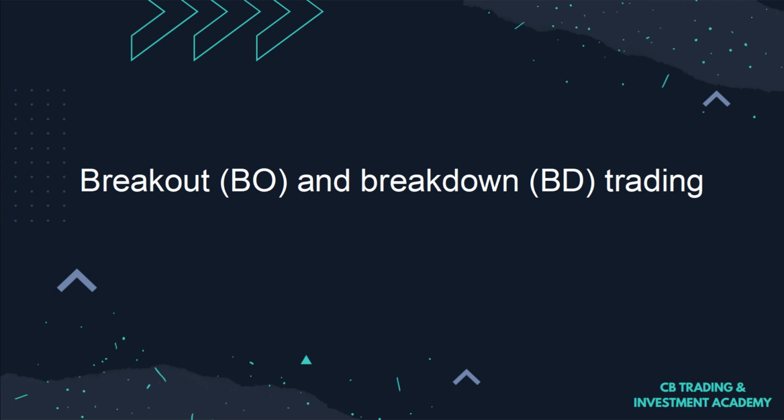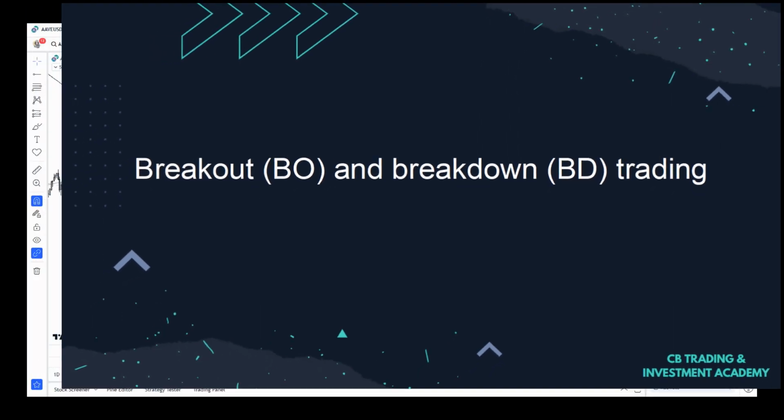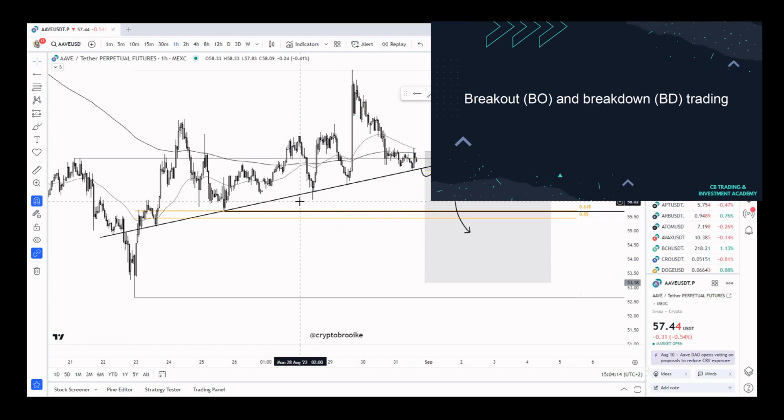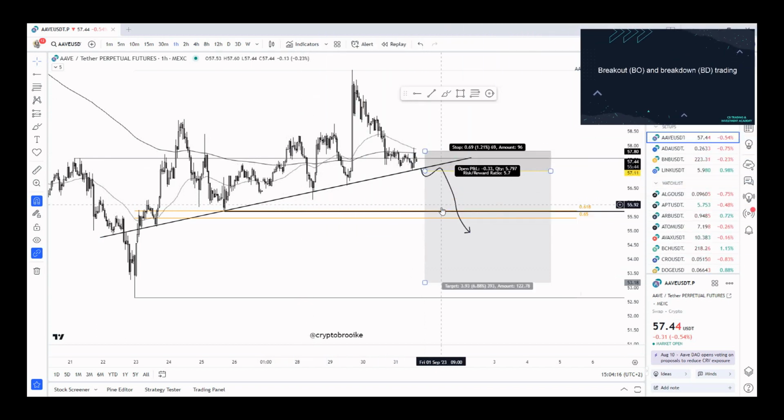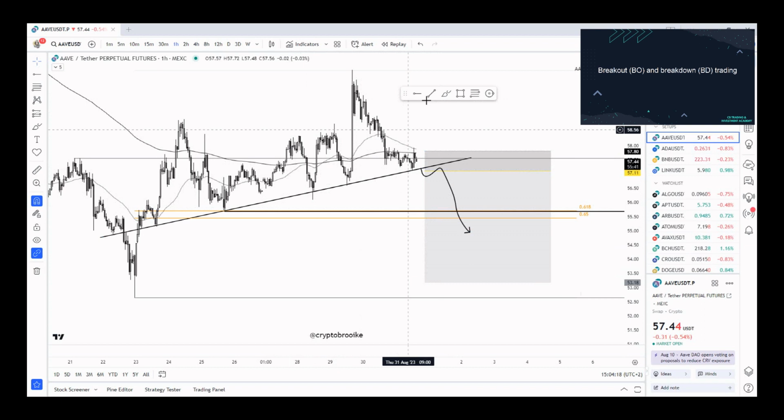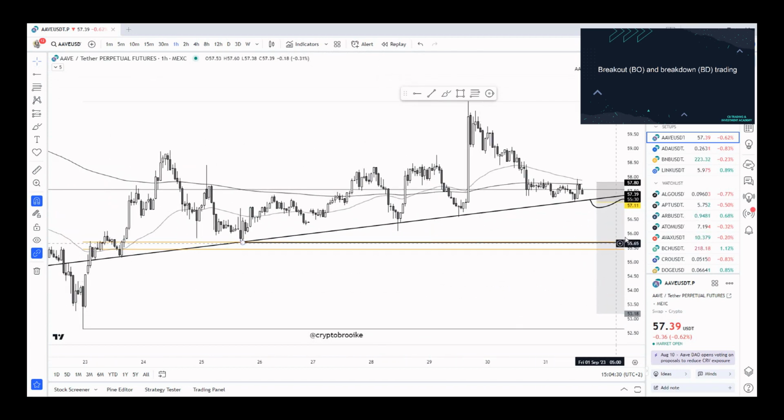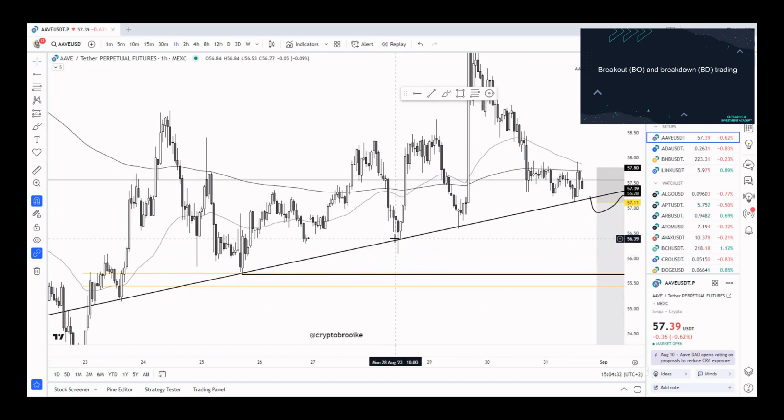For anybody who doesn't know, I like to trade breakouts and breakdowns from trend lines. So breakdown is a break from a trend line downwards and a breakout to the upside. And what I then will look for is a break through, because you see here, if I zoom in and tell you something about that, the trend line was broken, but it closed back above.